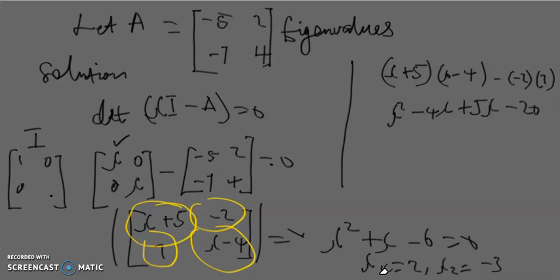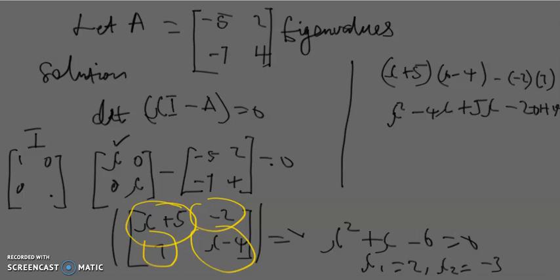Here we have negative 2 multiplied by 7, which gives negative 14, but we have a negative outside, so it becomes positive 14. Bringing that together, negative 20 plus 14 gives us negative 6.